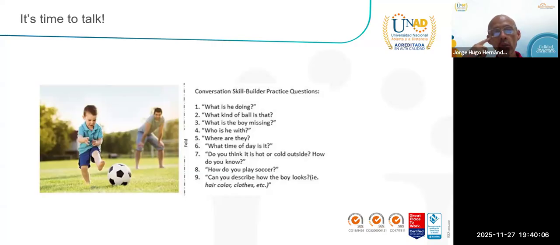Number eight, how do you play soccer? You can describe the picture, and you can start talking about soccer. And you can say, okay, they are playing soccer, and soccer is my favorite sport, for example. Okay, you are describing the picture, but you have the opportunity to add more information.